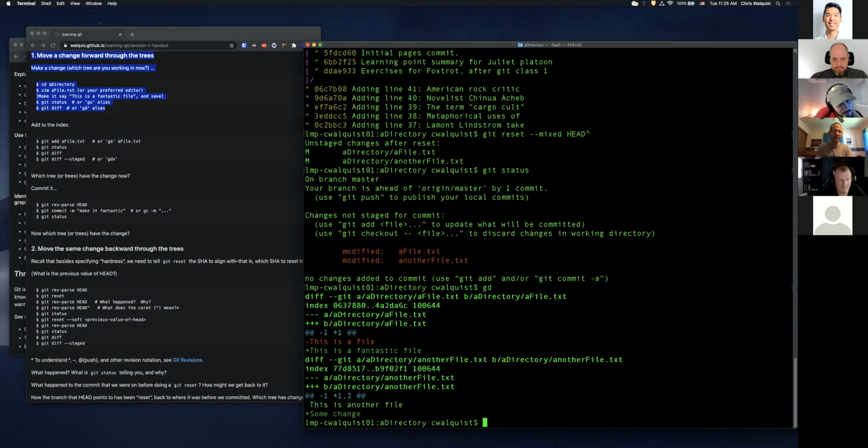There's no need to go all the way back to your workspace for just changing a comment, right? So I could just do a git reset --soft, and then the parent of head, and then a git commit with another comment, and I've done basically the exact equivalent of --amend.